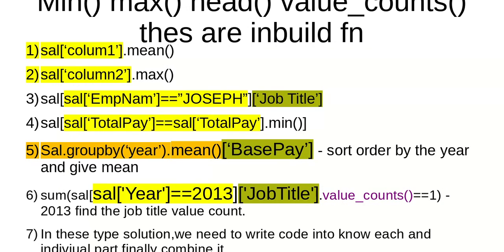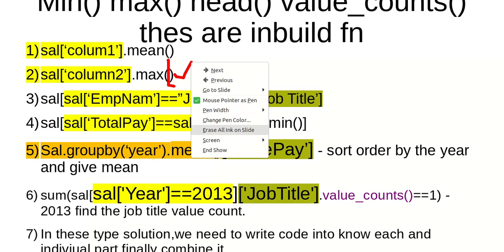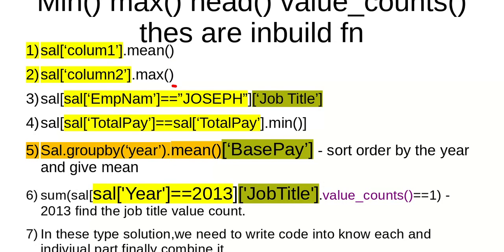This kind of symbol will come. So for mean, this kind of function we need to represent. This one is max, this one is mean, and the column, which is already explained, and this total pay. This is a very important thing to remember.